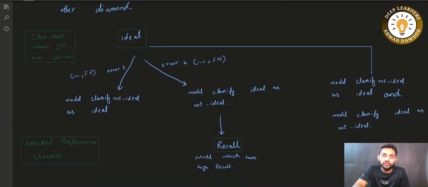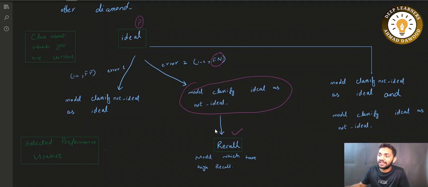You have seen that you are more curious about the second error, and you have selected that if ideal is, let's say, a positive class, then you are curious about the false negative errors. It means you are curious about the recall of the ideal class.